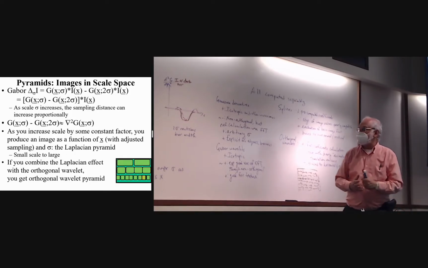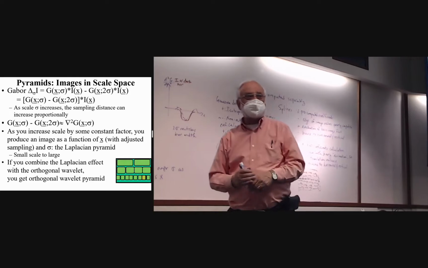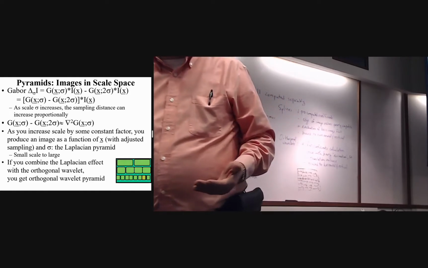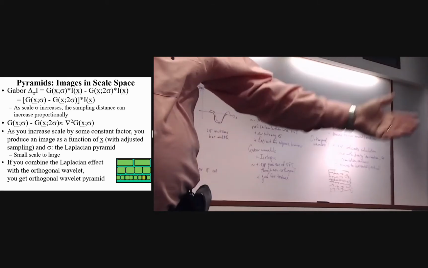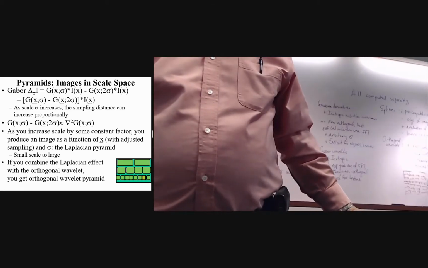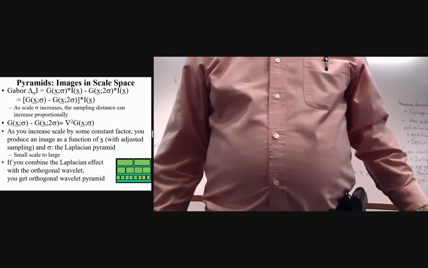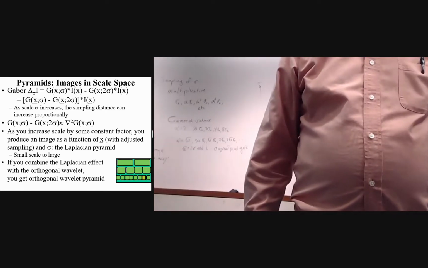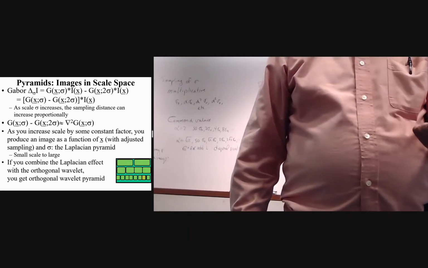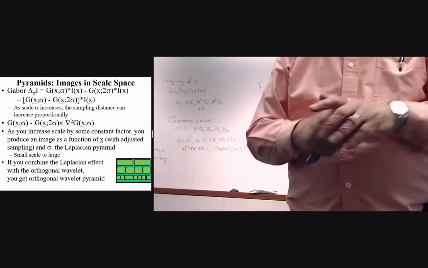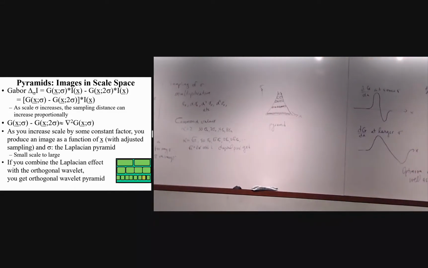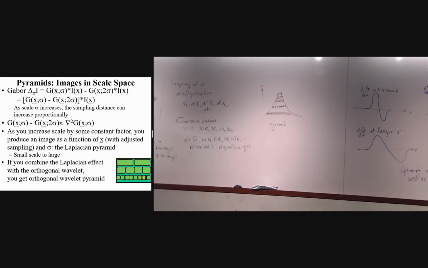So now we come to the idea of pyramids. And this has to do with the issue of sampling that we've already learned about. The basic thing we learned in sampling is that the sampling rate should be proportional to the aperture that we're using. The delta x should be proportional to sigma.